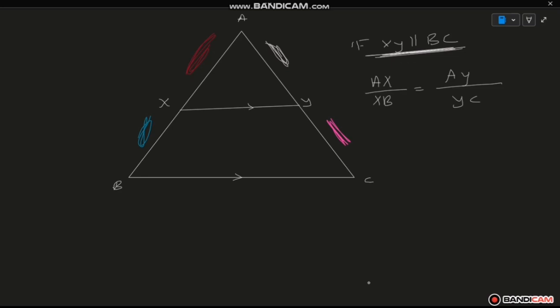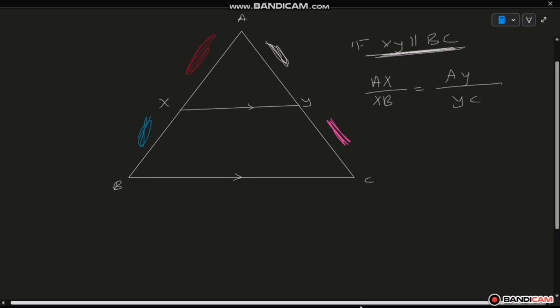Then you write it, YC. Then you don't just keep quiet here. What made you write this? It's because there's a line that is drawn parallel to one side of a triangle. So you write prop theorem, then you show us the lines that are parallel to each other, which is XY parallel to BC.